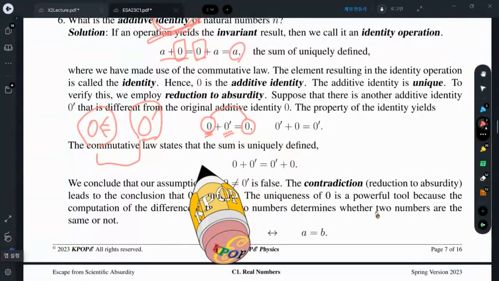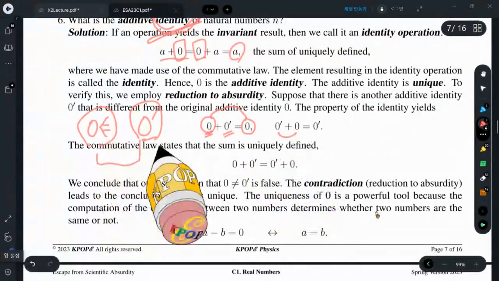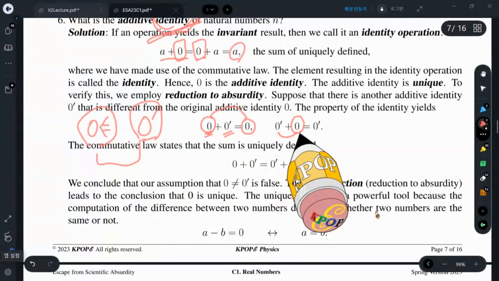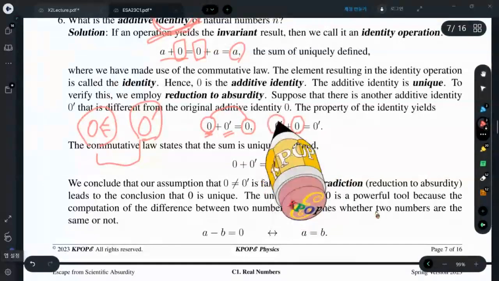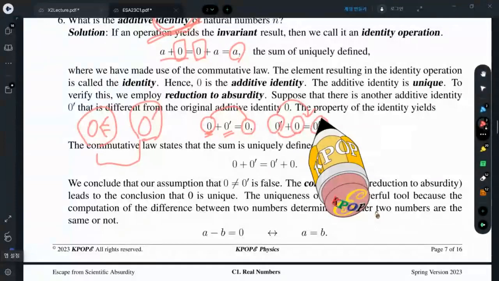But because the addition is commutative, I can exchange the order and I apply the same rule that I learned before. 0 doesn't change anything after addition, so this one should be the same. However, I knew that the sum of any two numbers is uniquely defined.